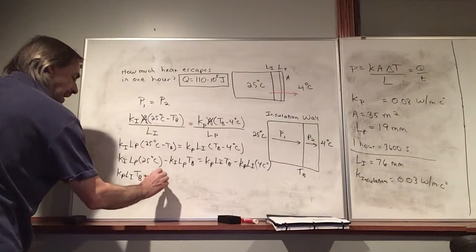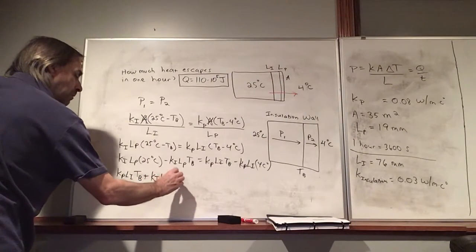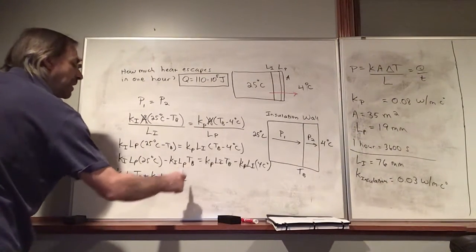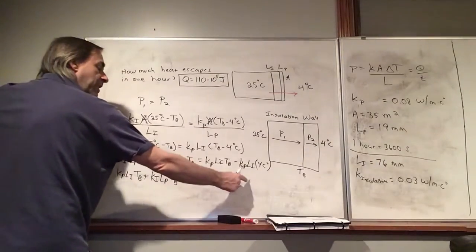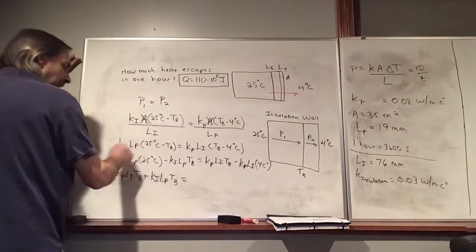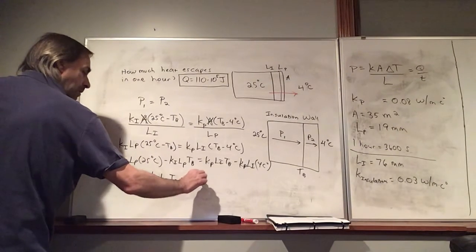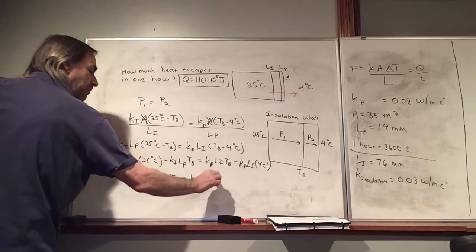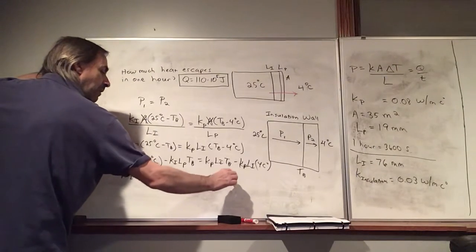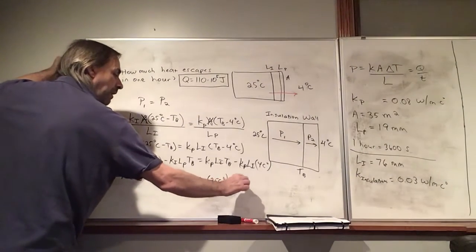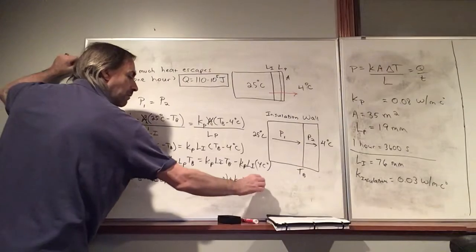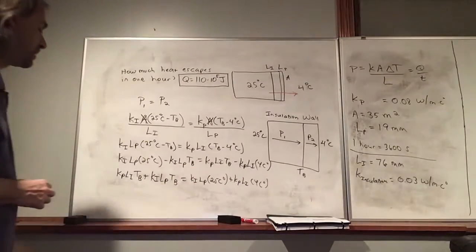Plus Ki Lp TB. So again, I moved this term over here, so we're going to move this term to the other side. So here we'll have Ki Lp times 25 plus Kp Li times 4 Celsius degrees.